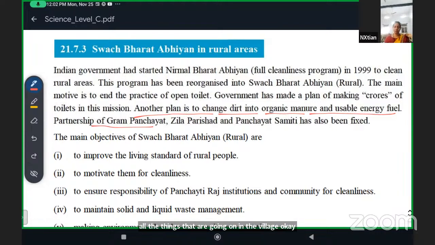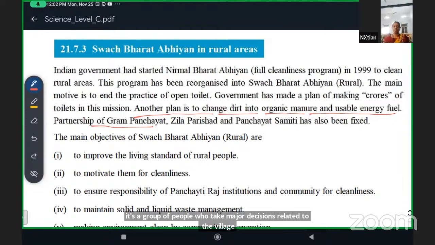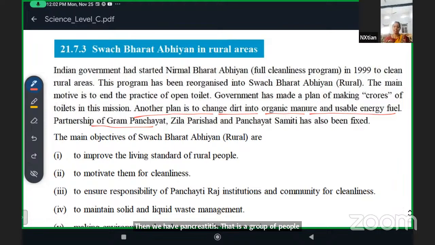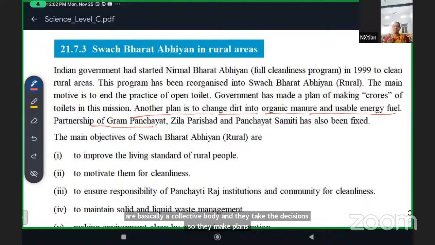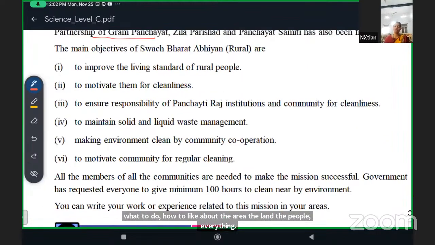It's a group of people who take all the major decisions in the rural areas. Then we have Zilla Parishad, that is for a particular Zilla. Then we have Panchayat Samiti, a collective body that makes plans about the area, the land, the people, everything.